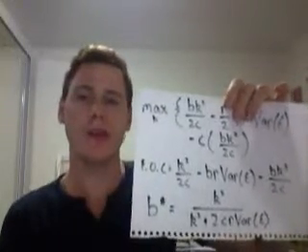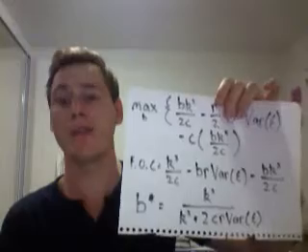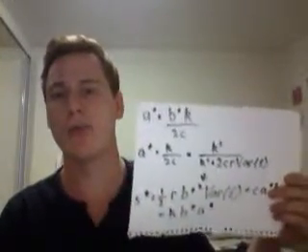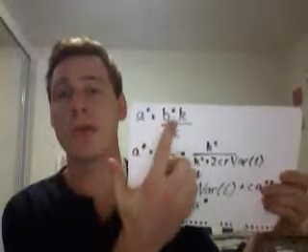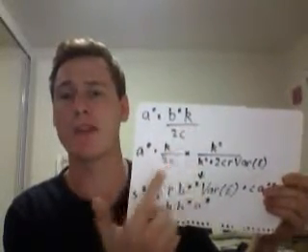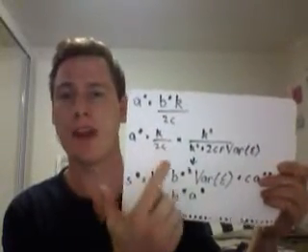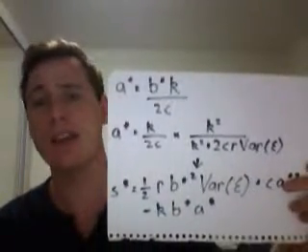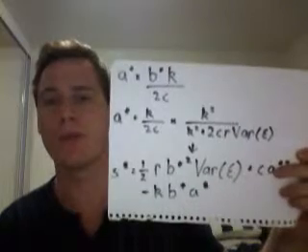So now that we have this optimum level of b given our information, we can go about substituting that into the optimum level of effort that we found earlier. So now A star equals that B star we just found times k over 2c, which we can really expand out as A star equals k over 2c times B star.